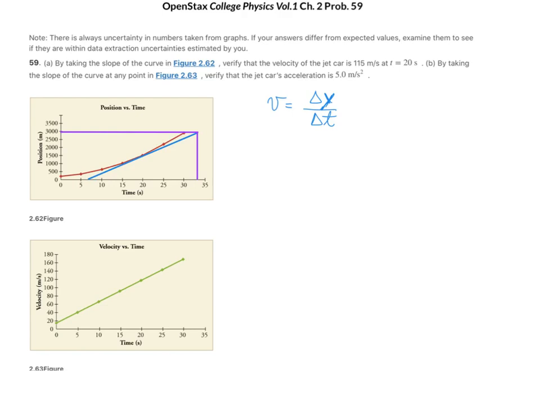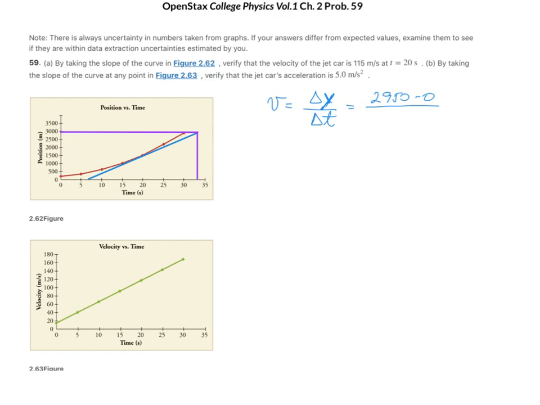Let's see what the increments are. Between this line over here and that line over there, that's 500. So delta y is about 2950 minus 0. It's a number that I'm really guesstimating.